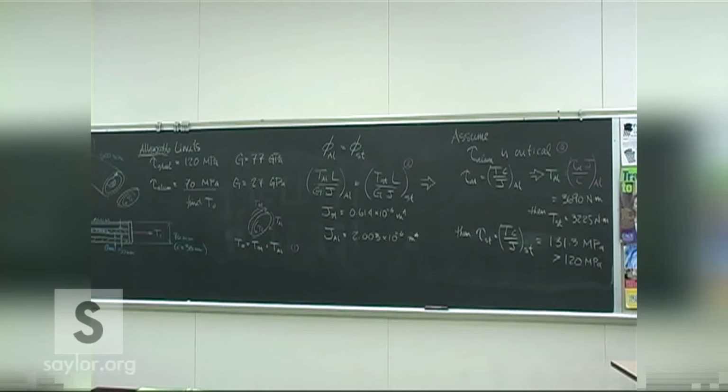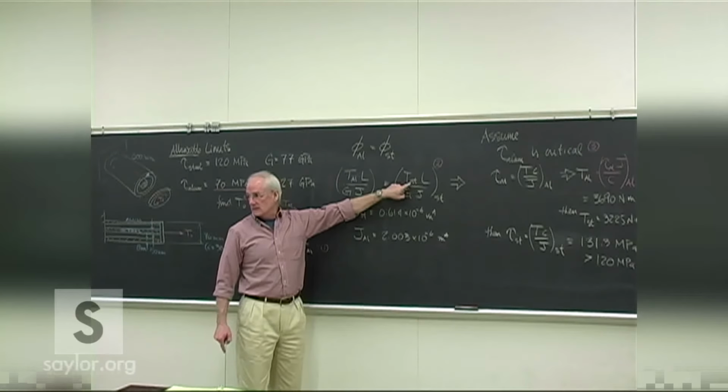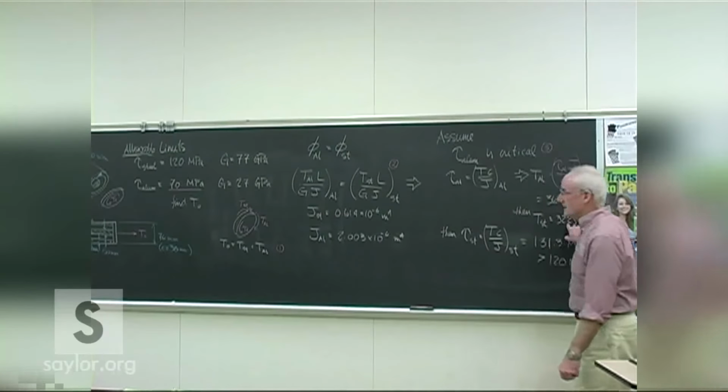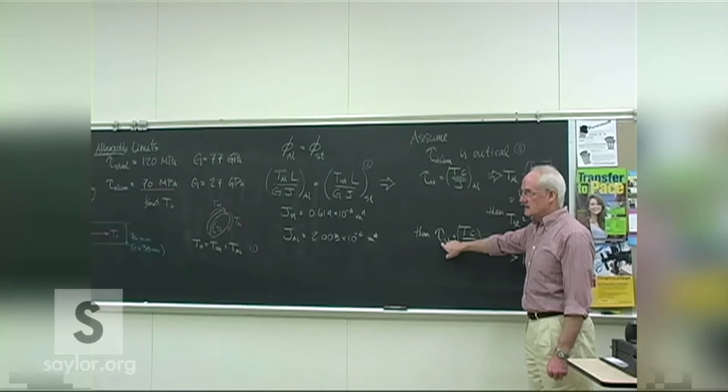So I can't take this and put this in. No, because that's the torsional load in the aluminum. So when I take this, you use equation 2 to find the torsional load in the steel. And then that should be about this, that you use then to find the shear stress on the steel.